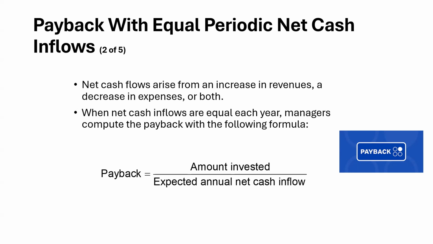When net cash inflows are equal each year, managers compute the payback with the following formula that you see here, which is payback equals amount invested divided by expected annual net cash inflow.